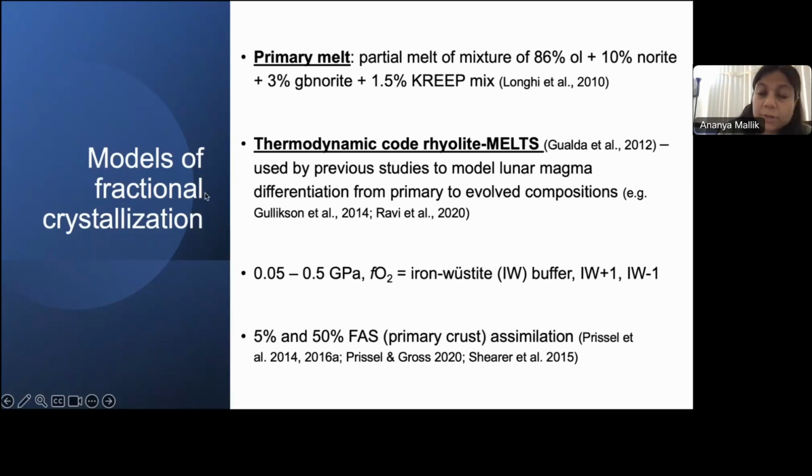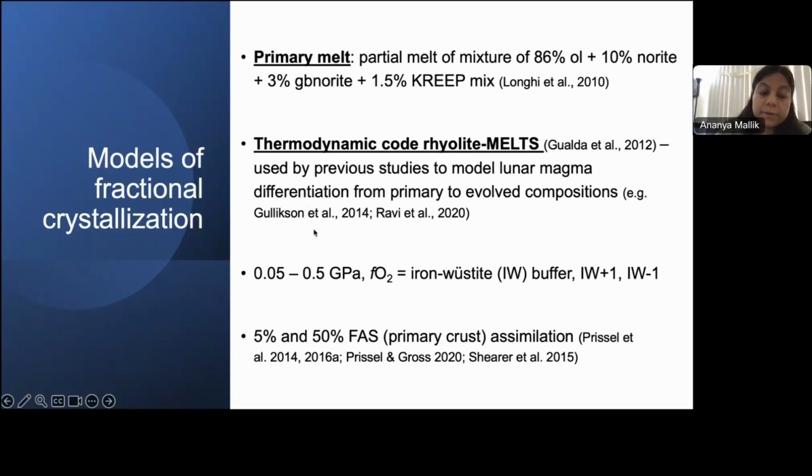We varied the pressure from about 0.05 to 0.5 GPa to see what the effect of pressure would be on this kind of differentiation process. And then we also varied the fO2 from about IW to 1 log unit more oxidized and 1 log unit more reduced compared to the IW buffer.